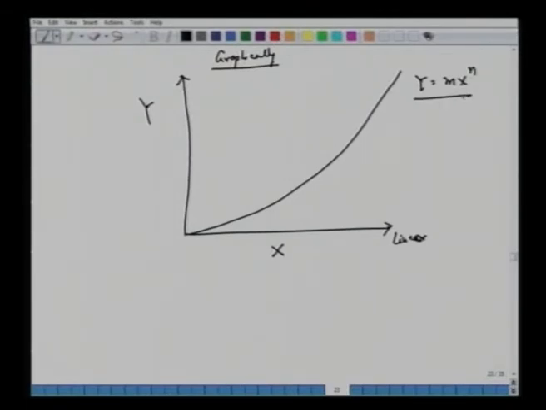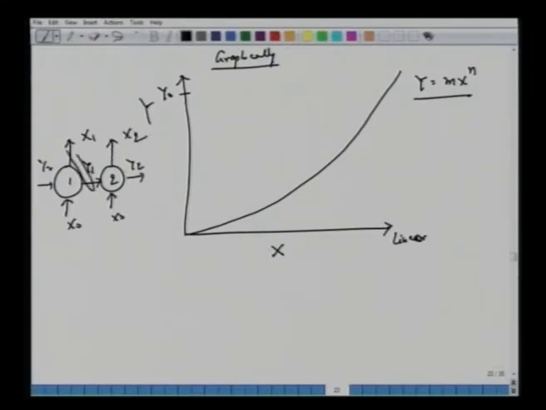Okay, let's mark the points here. So we know y0. Again, let's focus on these two stages. We have y0, y1, y2, we have x0, x1, x2.